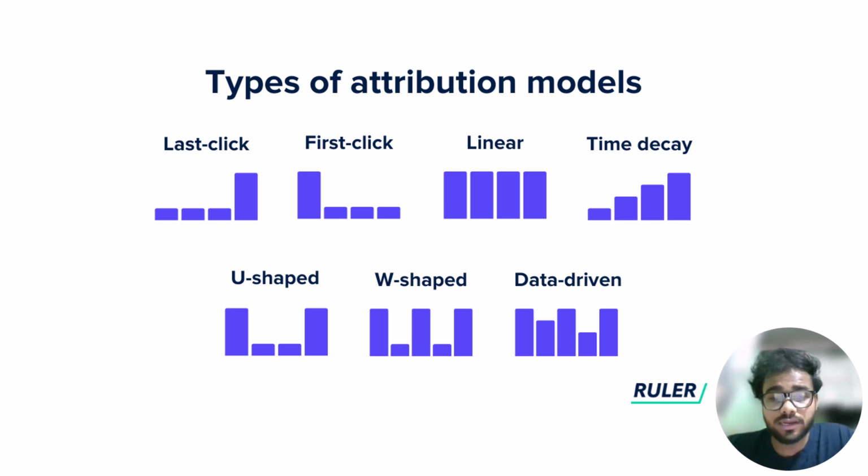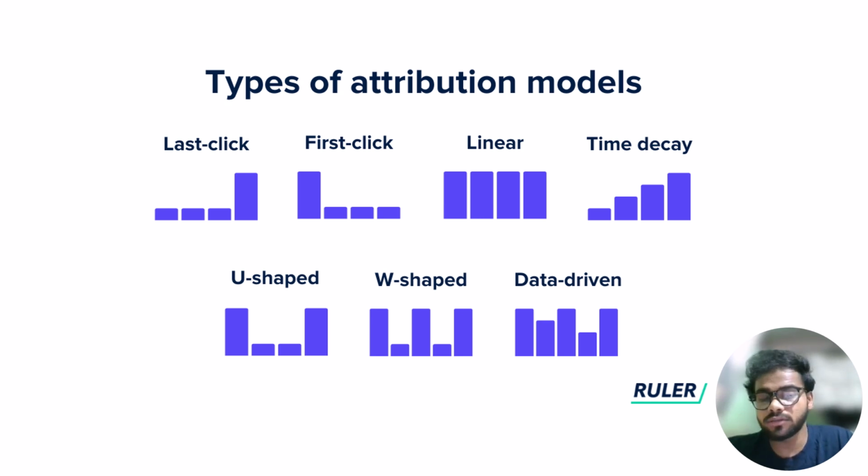Under last click, as you can see in the slide, the last touch point has more credit compared to the other 3. In a first click attribution model, the platform gives 100%, or the maximum credit, to the first touch point compared to the others.